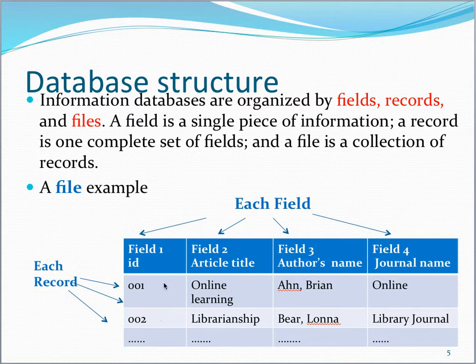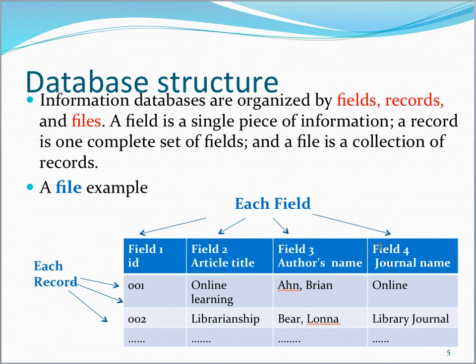So columns are fields and rows are records, and all the records together form a file. A file is a group of records, and here we have the fields ID, article title, author's name, and journal name.